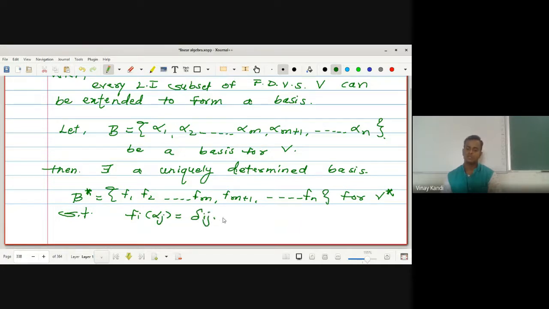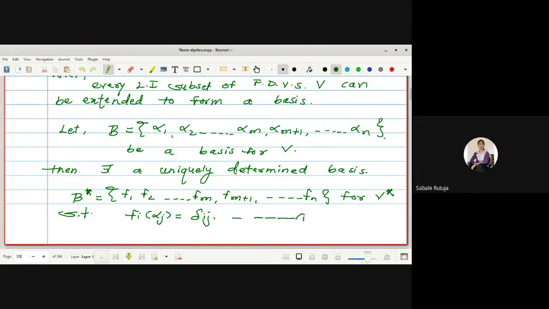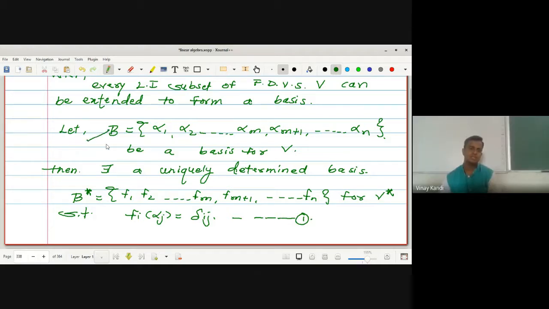Is it correct? Yes, sir. If a basis is given to you, we form its dual basis. We have seen examples as well. What is delta ij? The Kronecker delta is equal to 0 when i is not equal to j, and it is equal to 1 when i is equal to j.